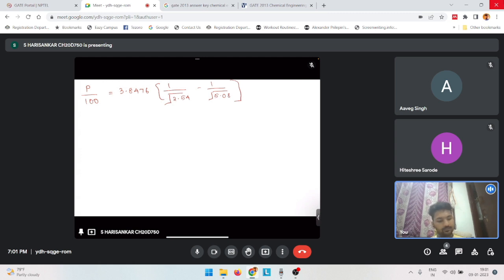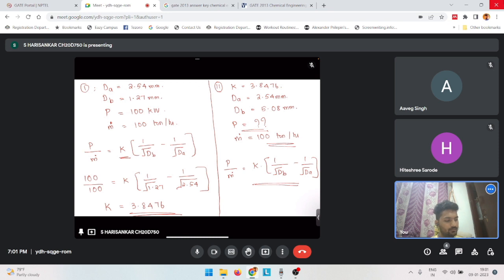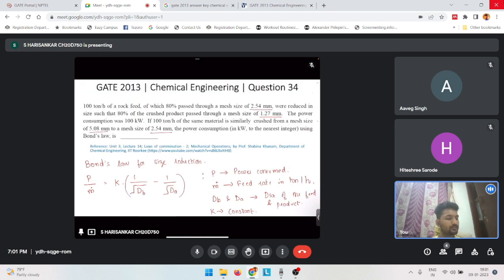And if we solve for this P, we can get the power consumed. P is equal to 70.71 kilowatt. So the right answer here, which is the power consumed for this size reduction, is 70.71 kilowatt. And to the nearest integer, this will approximately become 71 kilowatt.